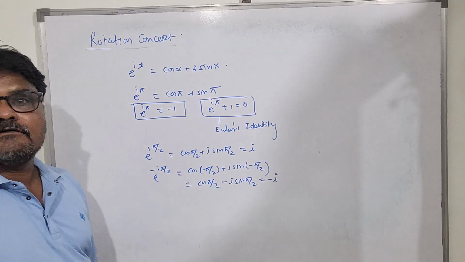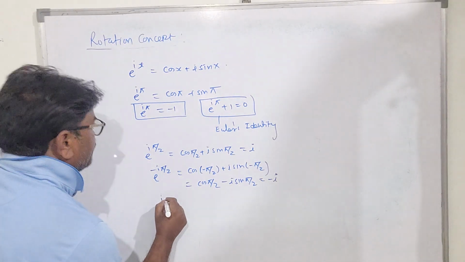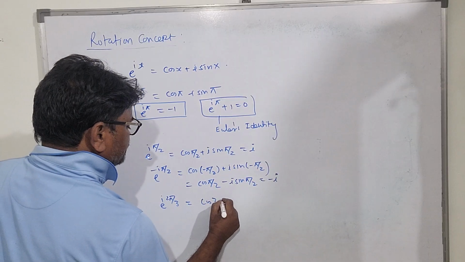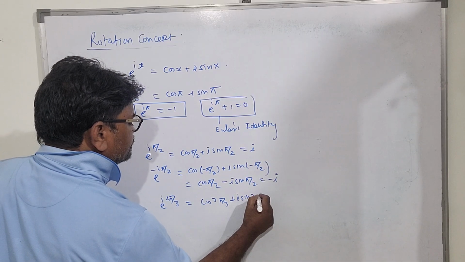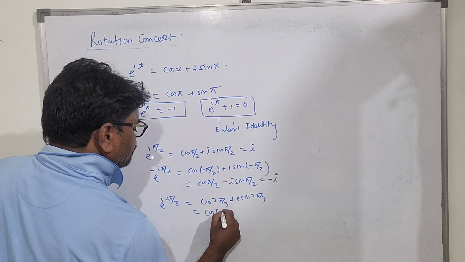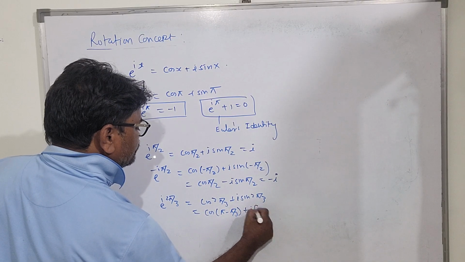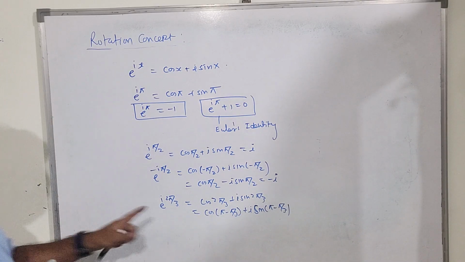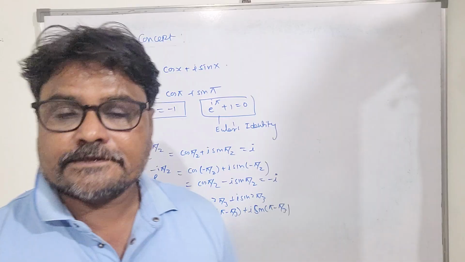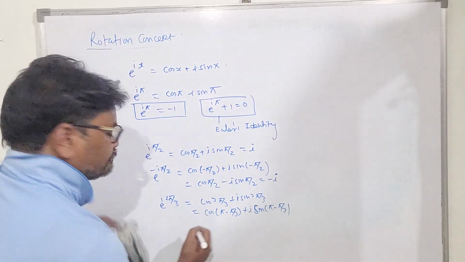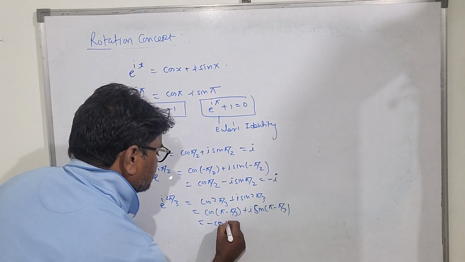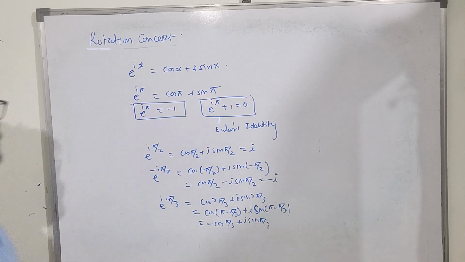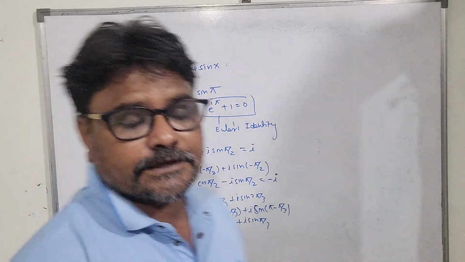Similarly, we can have e to the power iota 2 pi by 3. So this is cos 2 pi by 3 plus iota sin 2 pi by 3. This is cos of (pi minus pi by 3) plus iota sin of (pi minus pi by 3). Now coming to the trigonometry, pi minus pi by 3 is in the second quadrant, so it is minus cos of pi by 3 and plus iota sin pi by 3, because in the second quadrant sin is positive and cos is negative.